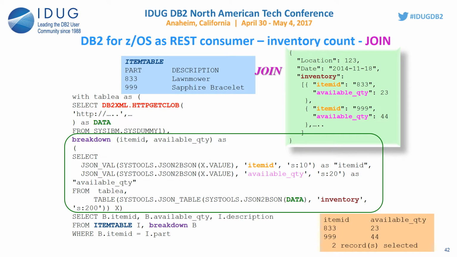You can use the JSON_VAL function to extract those fields and use that field as a join key, and in the other side you can use the same technique, JSON_VAL, to extract the field in the qualifying row. So the answer is that this does not need to be a relational column. It can be a JSON document as well. So you can do the join with these results from the outside.